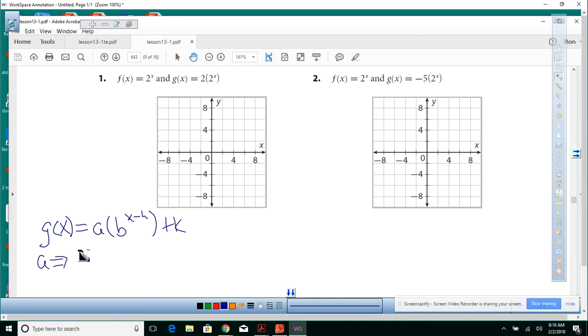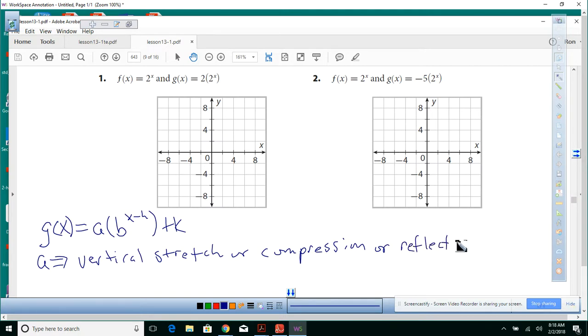A is a vertical stretch or compression, or reflect over the x-axis. All right. B is the base.